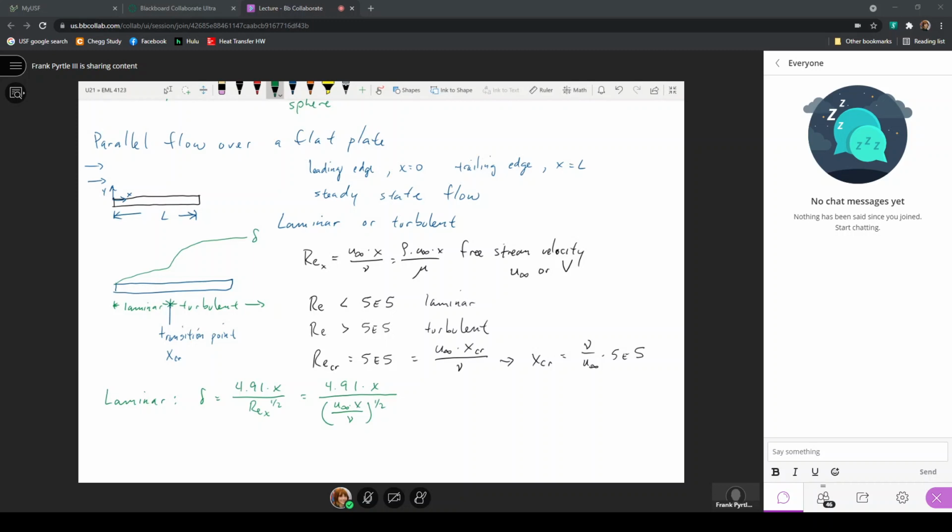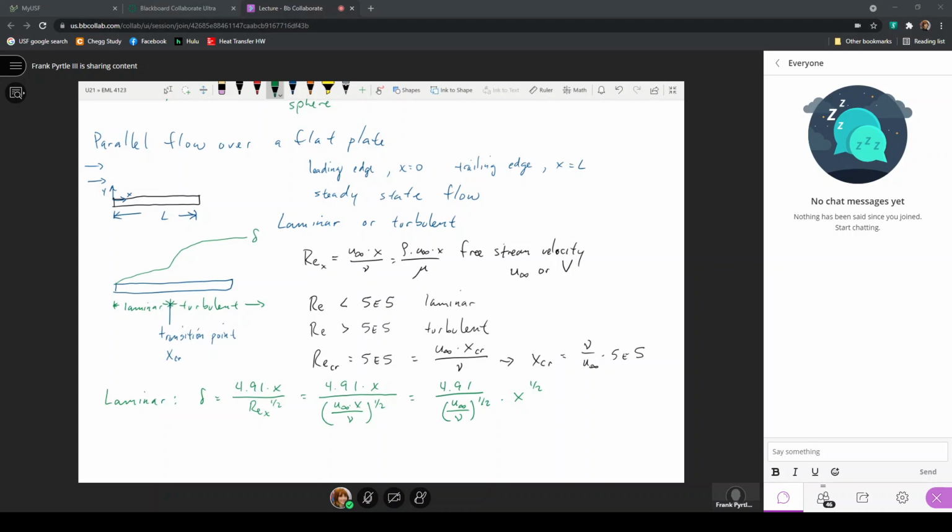So this expression, if I take the x and consider that x is to the minus 1/2 here since it's in the denominator, and here this is like an x to the first power, can be written as 4.91 divided by the free stream velocity divided by the kinematic viscosity to the 1/2 times x to the 1/2, where the free stream velocity and the kinematic viscosity of the fluid would just be constants.